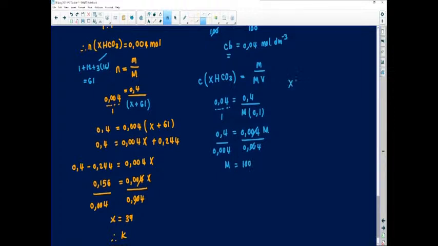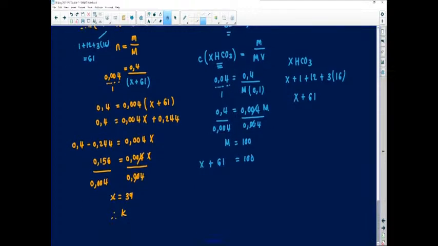If we have X attached to HCO3, it is whatever X is, plus hydrogen is 1 on the periodic table, plus carbon is 12 on the periodic table, plus 3 oxygens of 16. So I'm going to have X plus 61. So with M, I'm going to have X plus 61 as the molar mass of this molecule over here, all over 100. Now I need to get X by itself. Again, just mathematics.